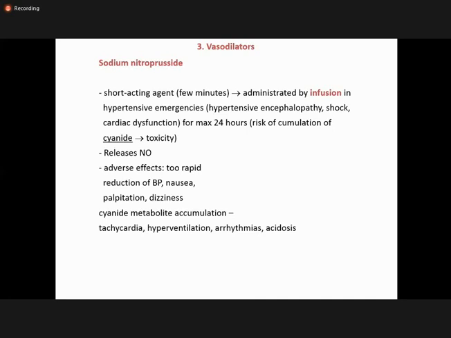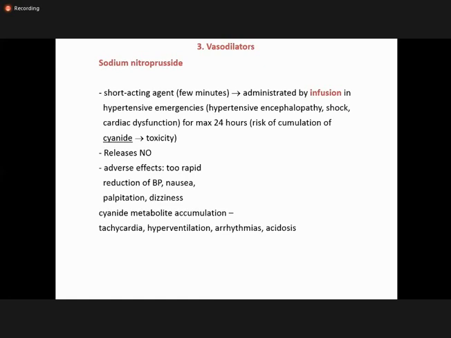Cyanide toxicity can happen. This is one of the problems related to sodium nitroprusside. How does it produce vasodilatation? It releases nitric oxide, right?